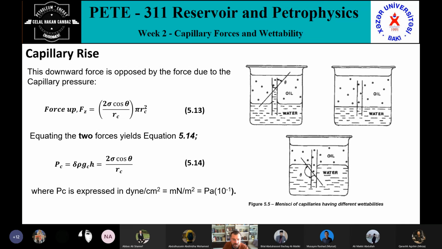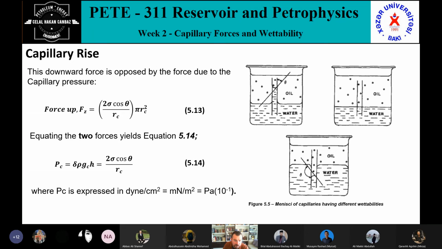One of the RCs will go in here, but it's not a big problem. When I equate these two forces, because it's in balance, force down equals force up. So I will get another capillary pressure equation.